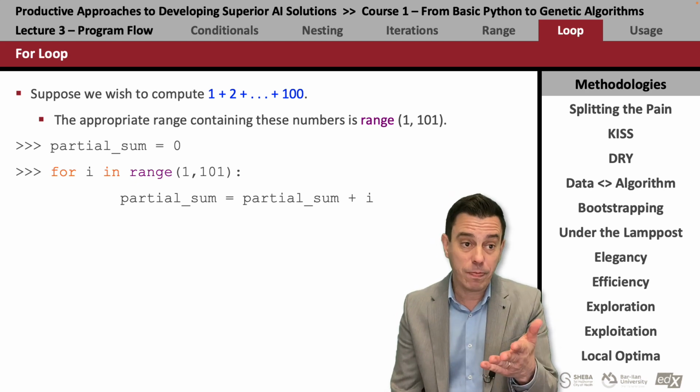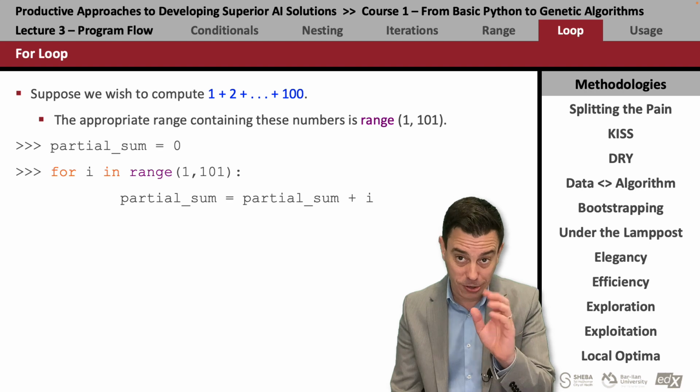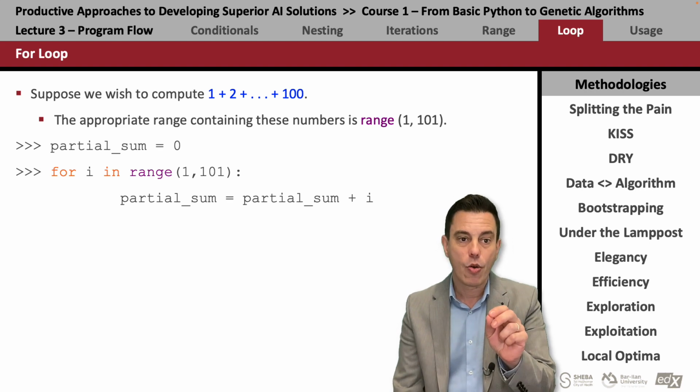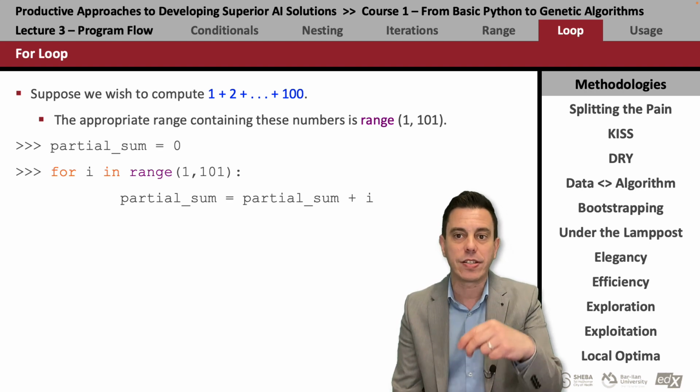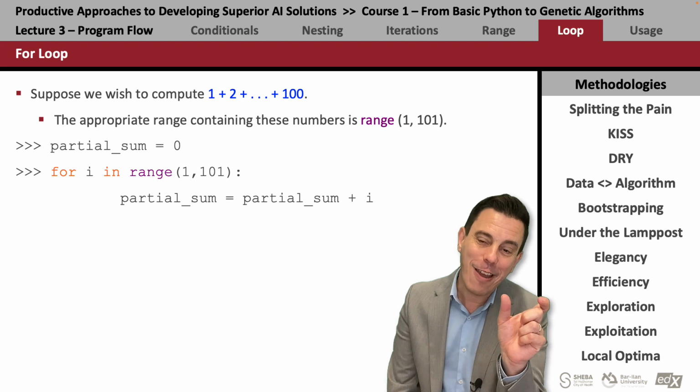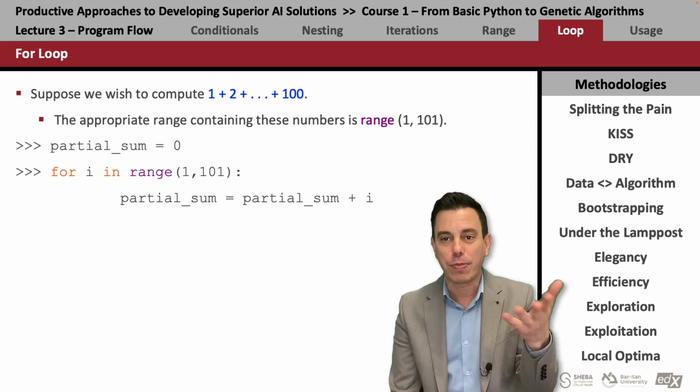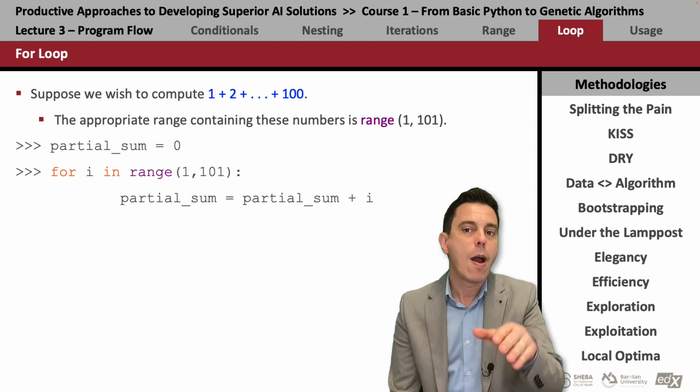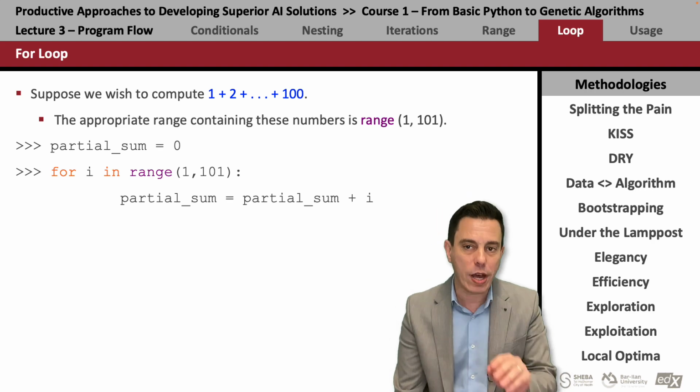So partial sum was 0, currently is still 0. We add to that I, which is 1. So partial sum plus I now equals 1. And this is what we put to the left, to the variable on the left, which is partial sum. So now partial sum equals 1.